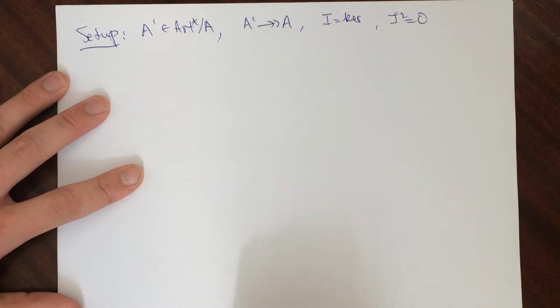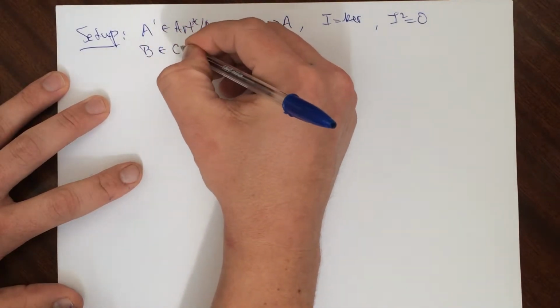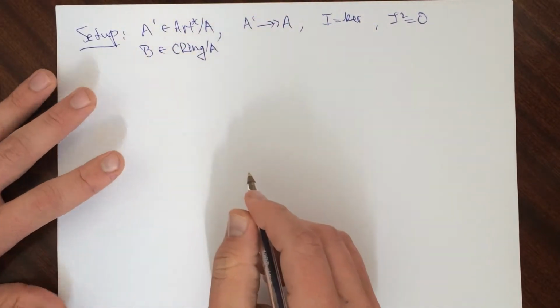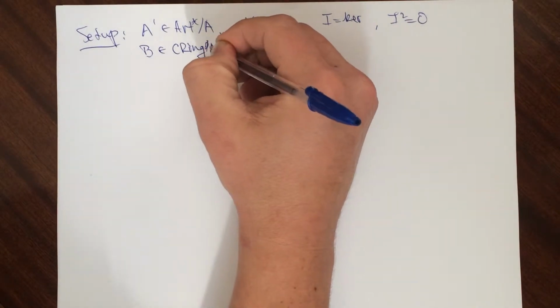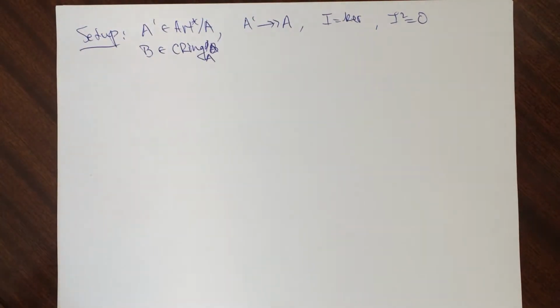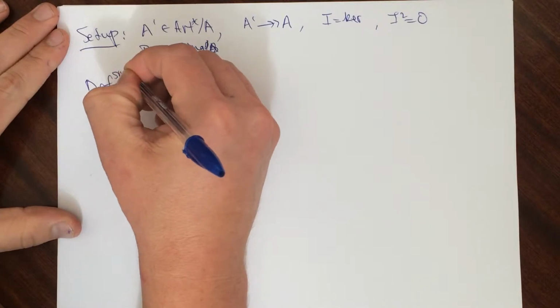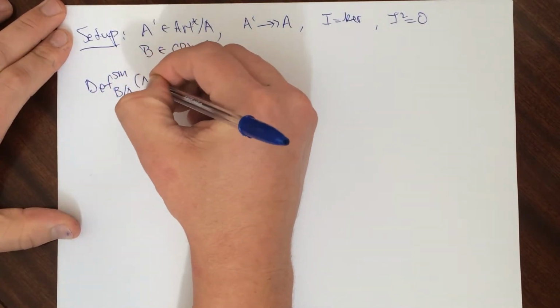Okay, we're going to take B to be a commutative ring over A, so it's going to be an A algebra. So let's say the commutative ring subscript A. And so I'm going to define smooth deformations of B to A prime.